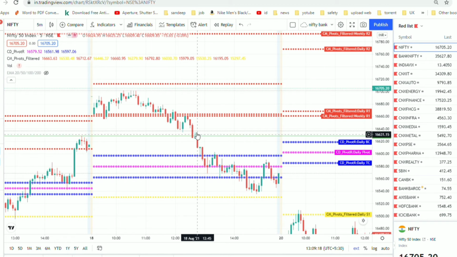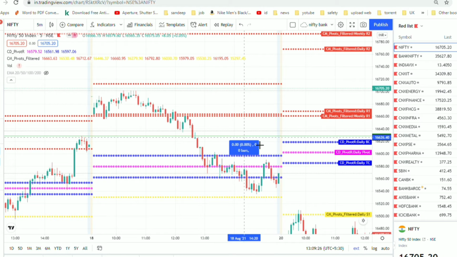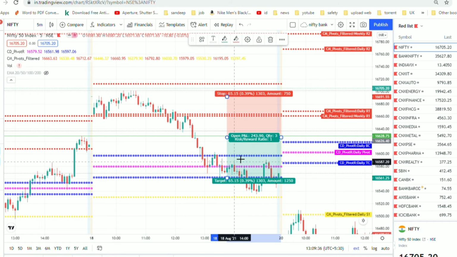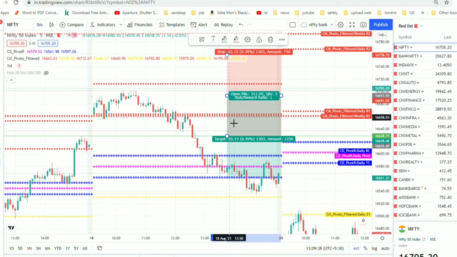So I took a position here, and I will show you what happened. Where is this short position?